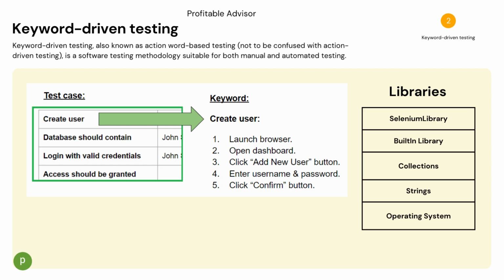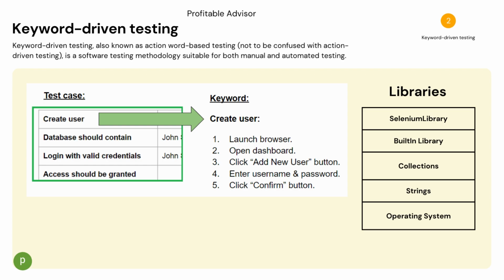If you observe this word, action word based testing, it means the word itself describes what actions we are doing. If you see the test case here in the below diagram, I have mentioned a total of 4 keywords inside this test case. One of the keywords is create user. By reading this line, we can easily say that yes, we are creating the user here.